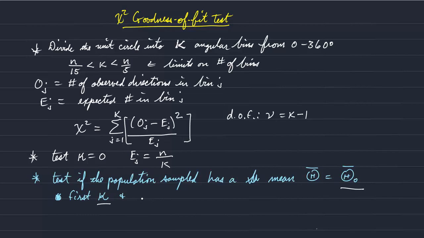And page 326 of Davis gives references for computing the expected number.